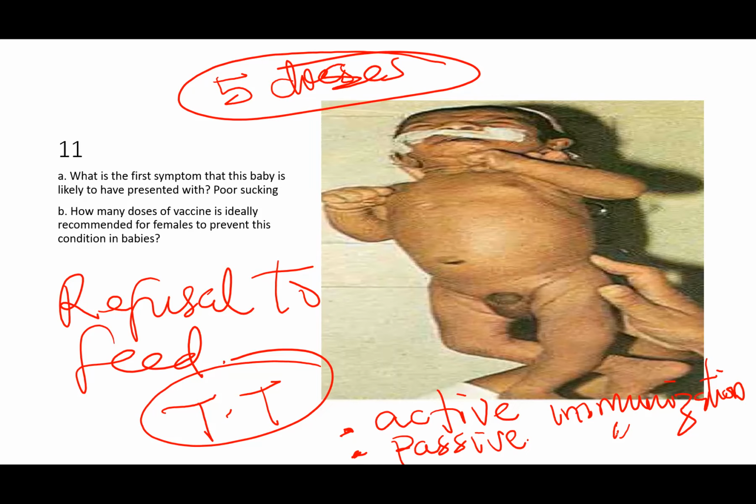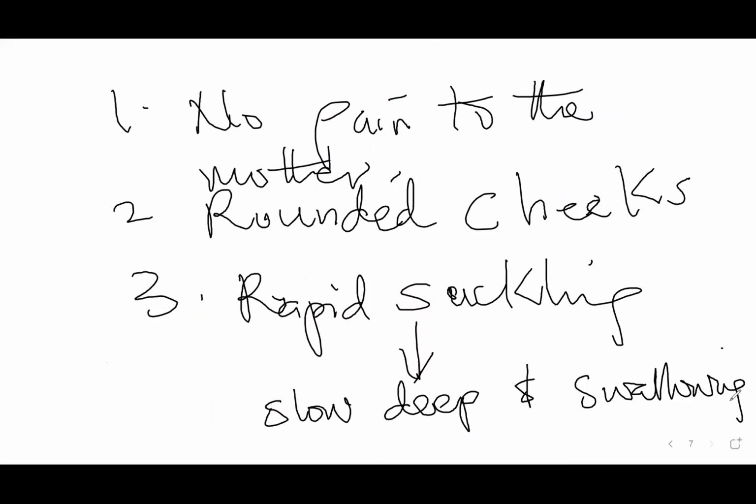Passive immunization is giving preformed antibodies for immediate neutralization. So it's just a short-term immunization. So let's see these 5 doses that are given.